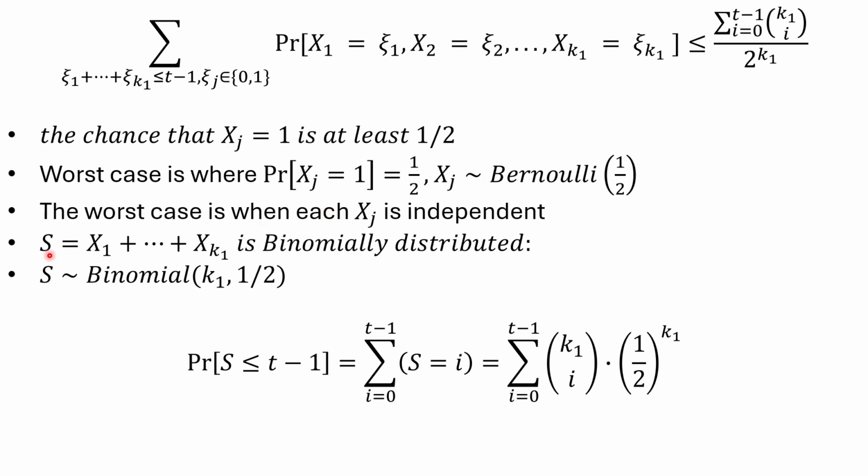Exactly. S is equal to the sum of x1 until xK1, and it's binomially distributed. The probability that S, which is binomially distributed, is less than T minus 1 is a known result from the binomial distribution. We get the result right here, which is exactly our result.